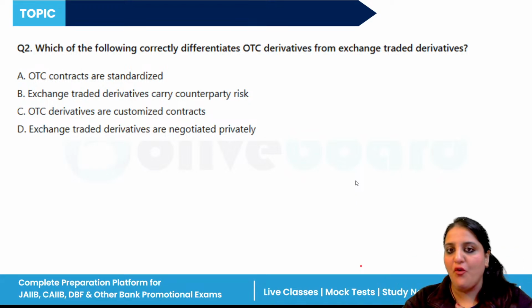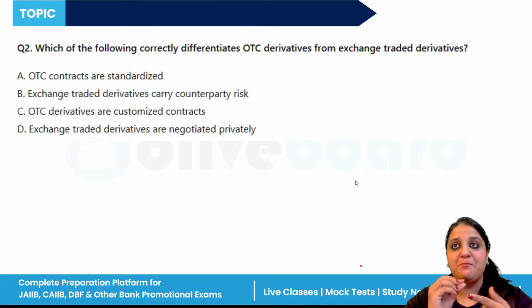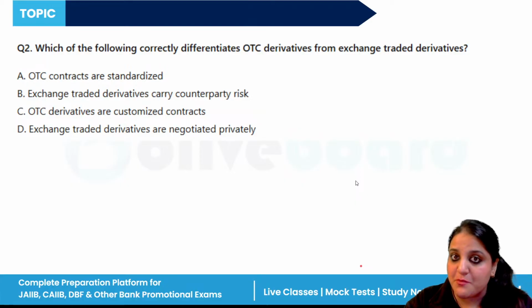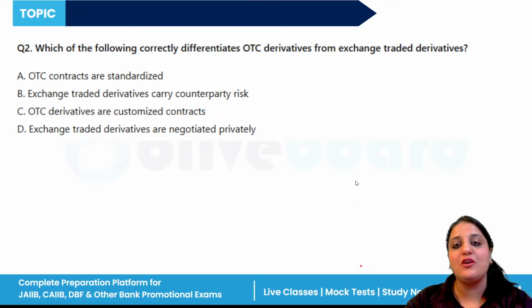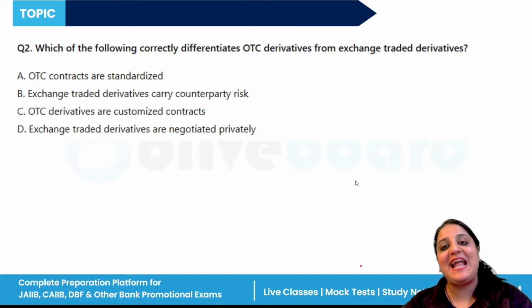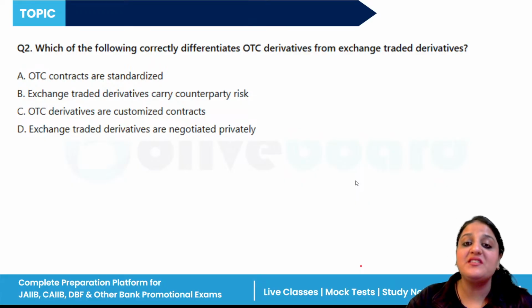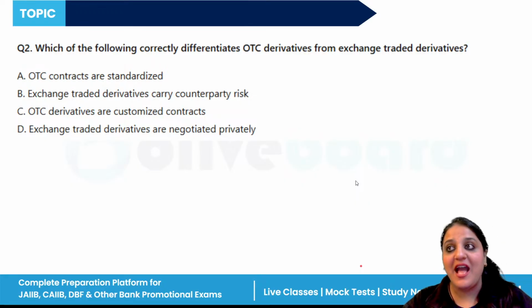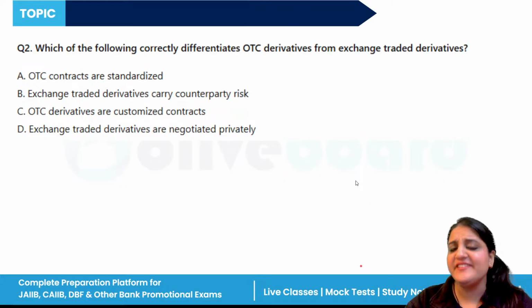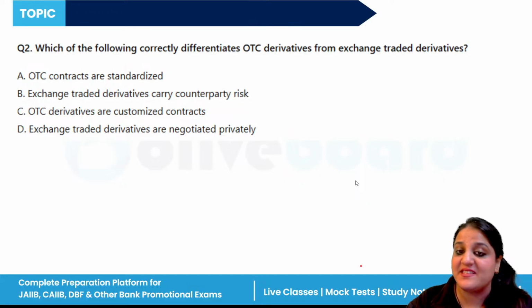So what is an over the counter derivative? It is privately negotiated, offered by the authorized banks, which customize the contract amount, date and terms. Bank quotes the price with a margin, and also here counterparty risk exists.